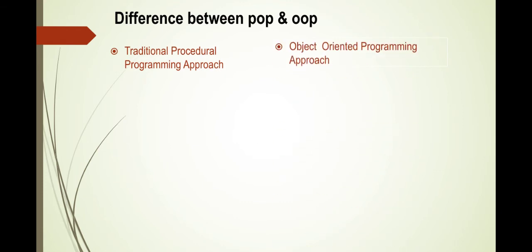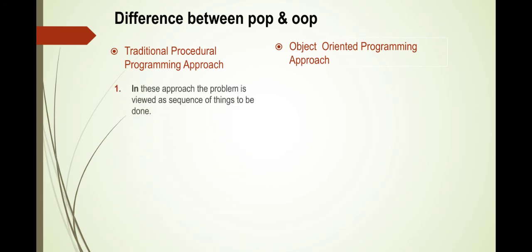Now let us see the difference between procedural oriented programming and object oriented programming. This topic we already learned, but it is important from the exam point of view, that's why I am repeating it.